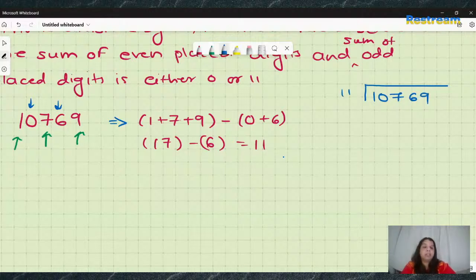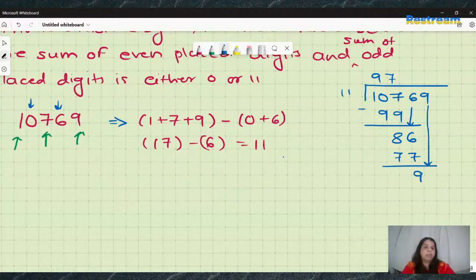We take 9 times 11, 99, so 107 minus 99 is 8. Then this 6 will come down. 7 times 11 is 77. Then 9 comes down, and times 9 is 99, and the remainder is 0. So this number is definitely divisible by 11.